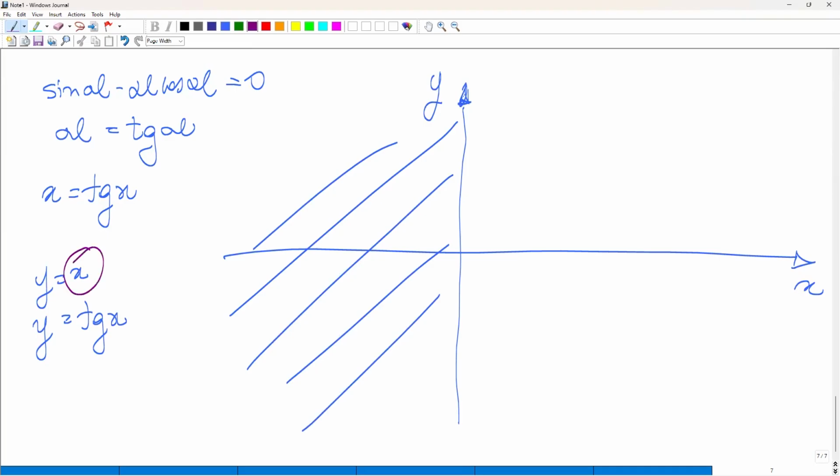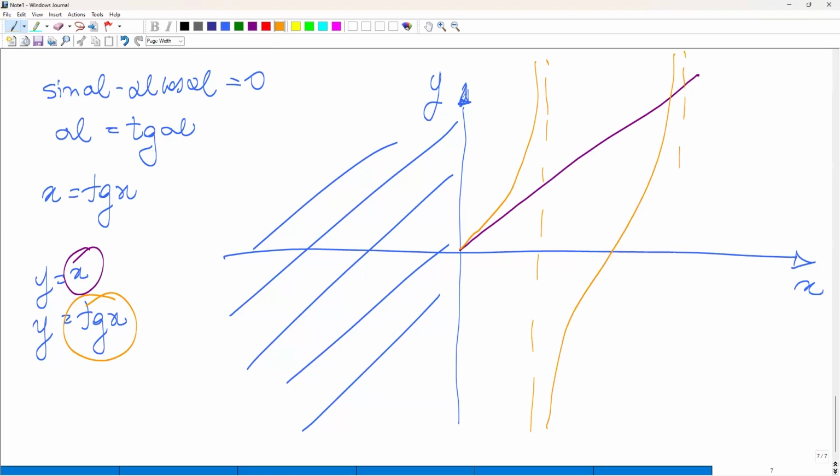One is y equal to x, which is this. And the other one is y equal to tangent of x, which is actually this.